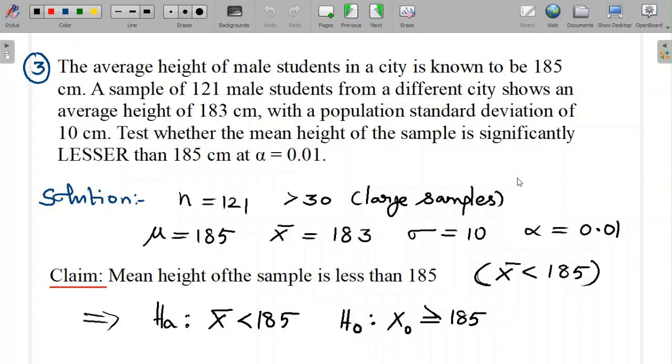Therefore, HA is X bar is less than 185. So the corresponding null hypothesis will be that X bar is greater than or equal to 185. So the alternate hypothesis has the less than symbol and the null hypothesis has the greater than or equal to symbol. Since the less than symbol is in HA, we have a left-tailed test.